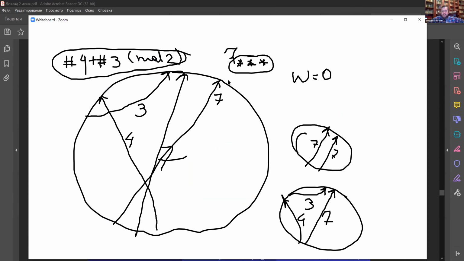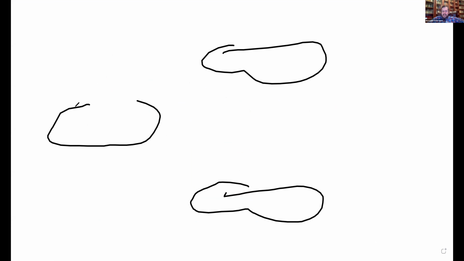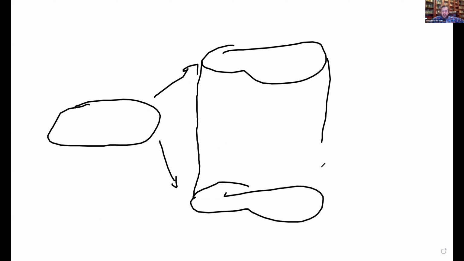A mapping degree is invariant? So we usually draw something like a cylinder. Here we have a map, say, from a circle somewhere, and we want to look at how many times we intersect the international date line, for example.